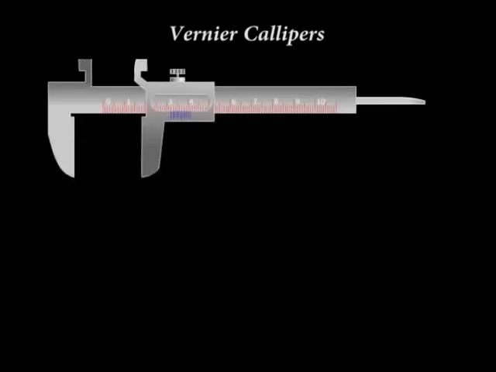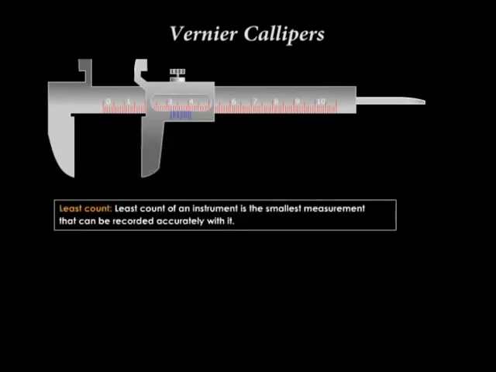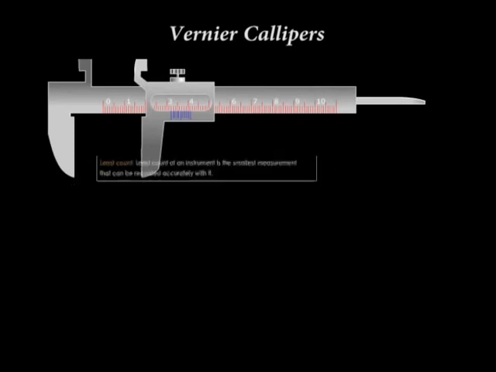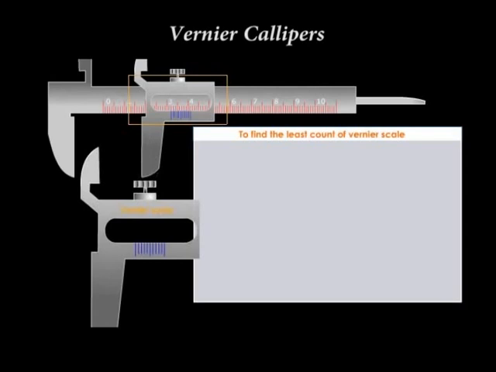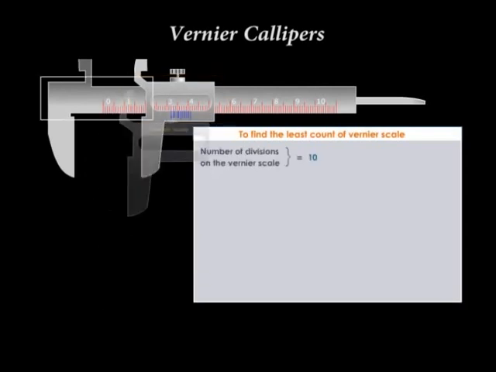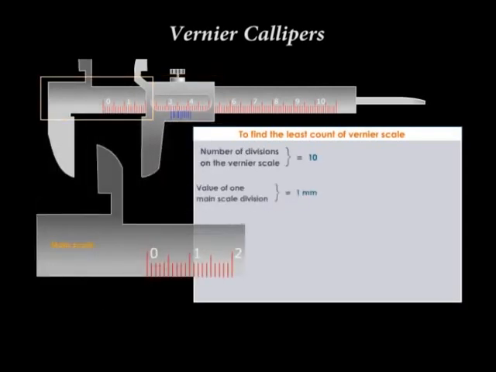Whenever we use vernier calipers, we have to first find the least count and the zero errors of the instrument. Least count is the smallest measurement that an instrument can accurately measure. To know the smallest measurement, we must first know the number of divisions on the vernier scale and the value of one main scale division.